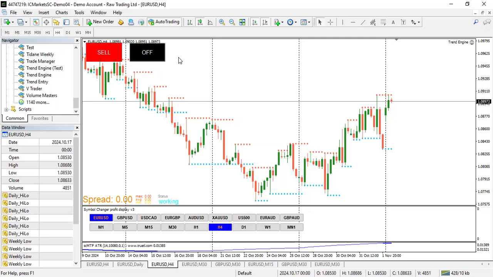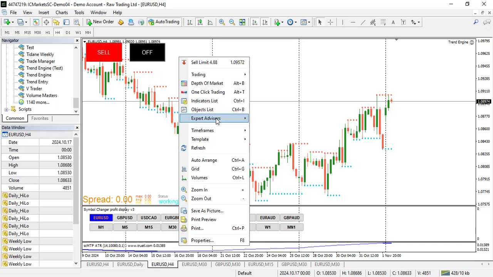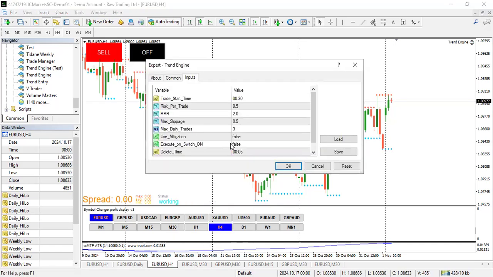So now, that is why that setting was very, very important that I said I was going to come back to, which is to open a trade on switch on, right? So let's look at that again. Execute on switch on. By default, it is set to false, right? But depending on what I'm going to explain next, you might probably want to set it to true, right?